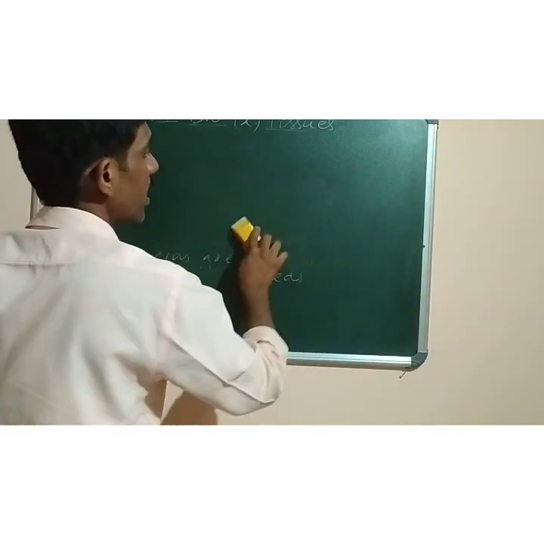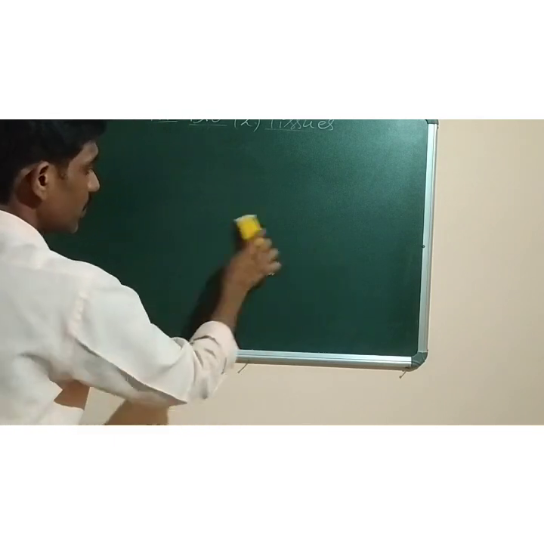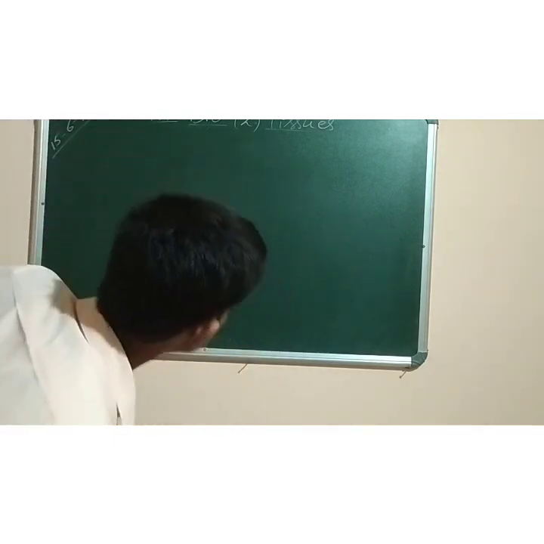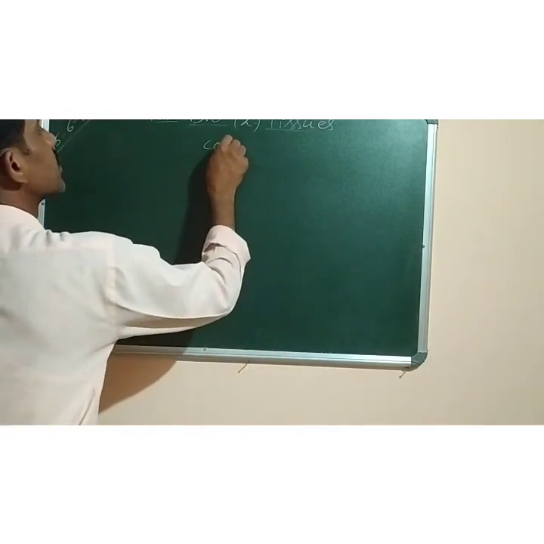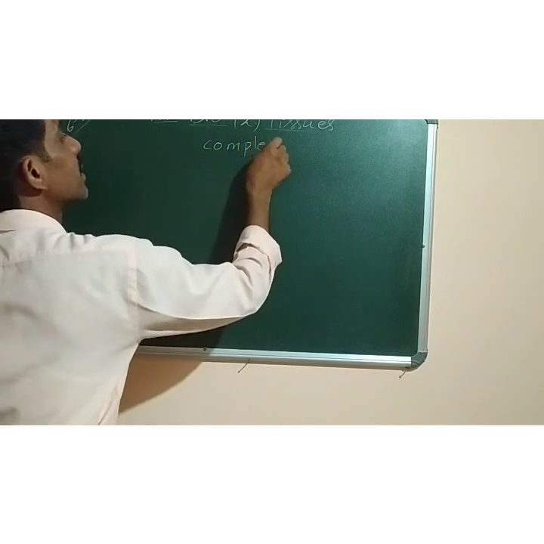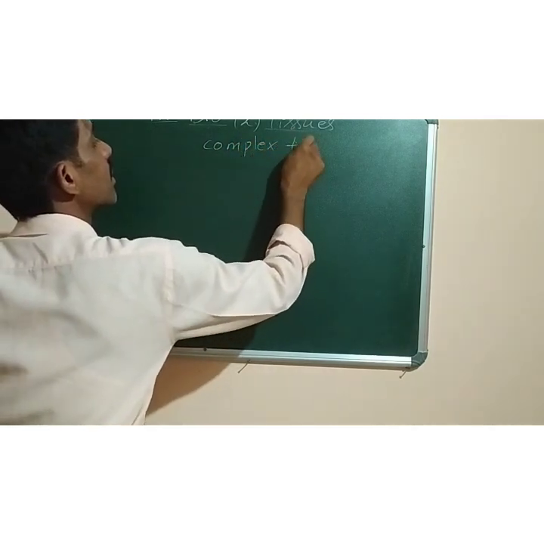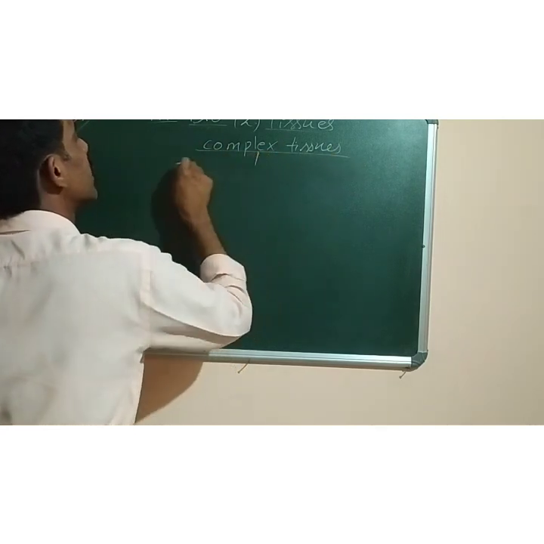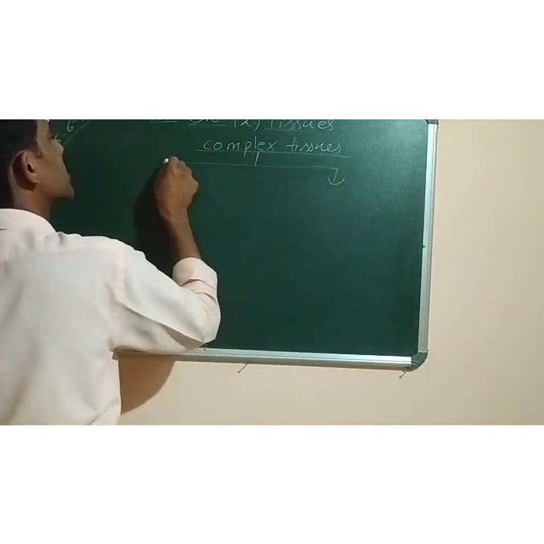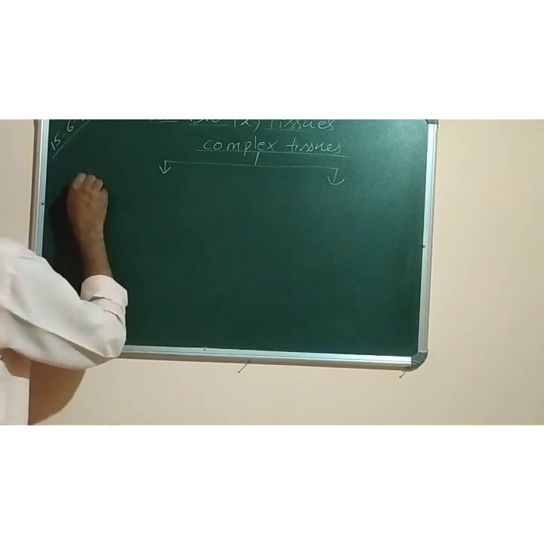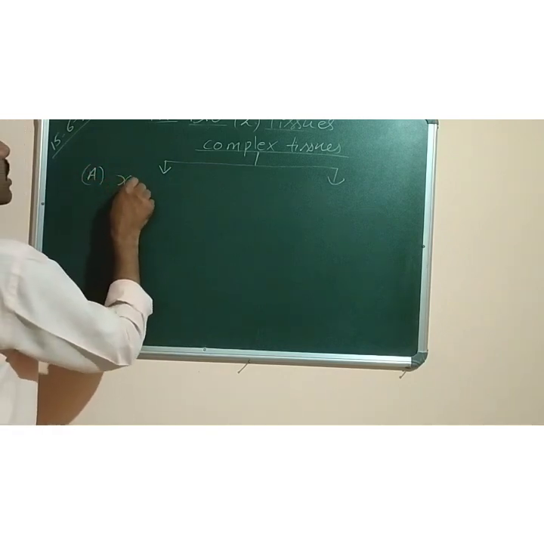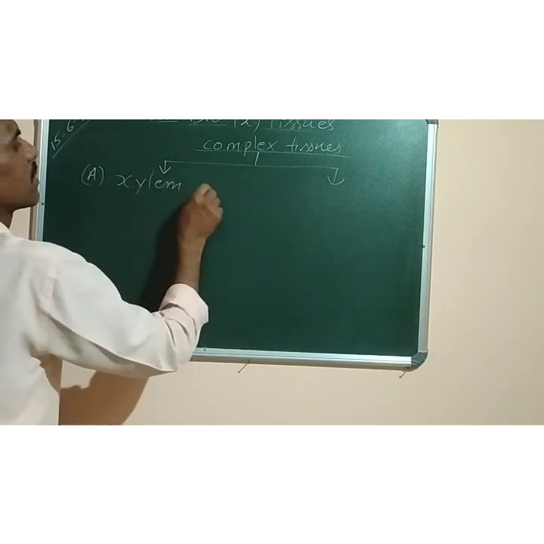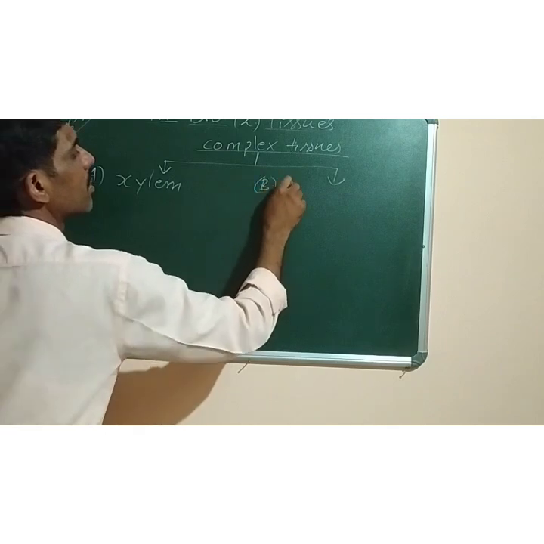Xylem and phloem. So first, the heading: complex plant tissues. We are studying about the plant tissues only, so no need to write plant there. Complex plant tissues are of two types. What are they? Number A, xylem, and number B, phloem.